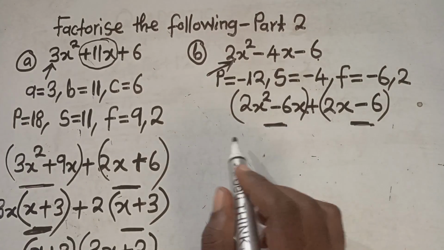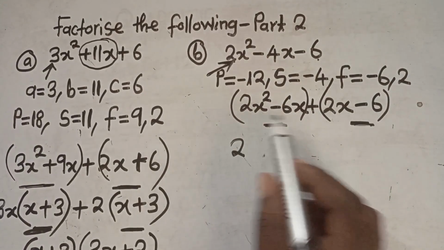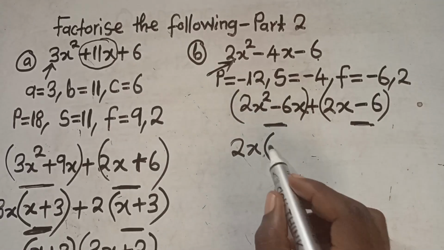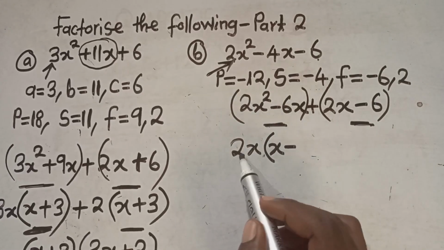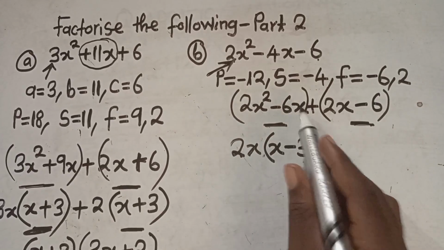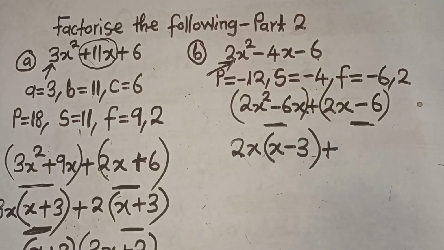So how do we factorize? What is common here? 2 is common and x is common. I do this. 2 into 2, 1. x into x squared, it is x. Minus 2 into 6, that is 3. x cancelled. So I just do this. I say plus. Plus what?